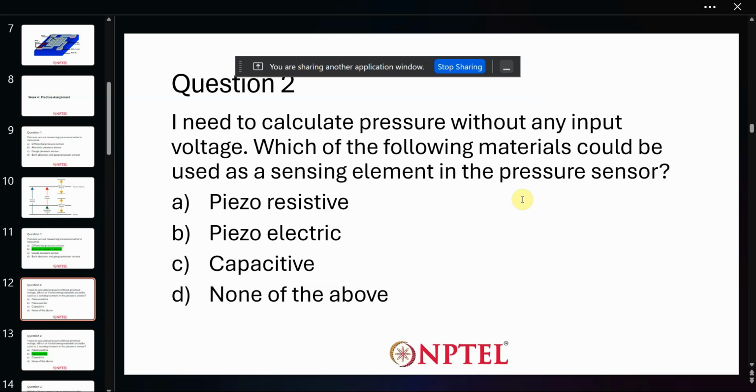When the force is applied, the potential difference is generated directly in response to that force. No input voltage is needed. Capacitors, basically you need two plates, both connected to a potential, else there will be no capacitance. So the answer is piezoelectric.